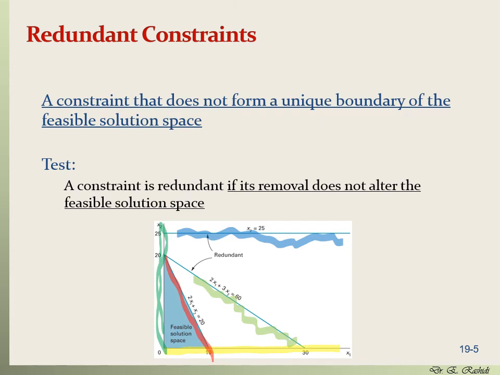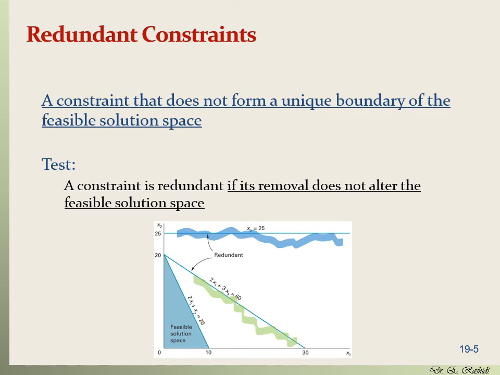So the feasible space is only bounded by the three constraints here. So these two constraints, the blue one and the green one here, are called redundant constraints because if you get rid of them, if you do not impose those constraints, the feasible space would be intact, would not change.